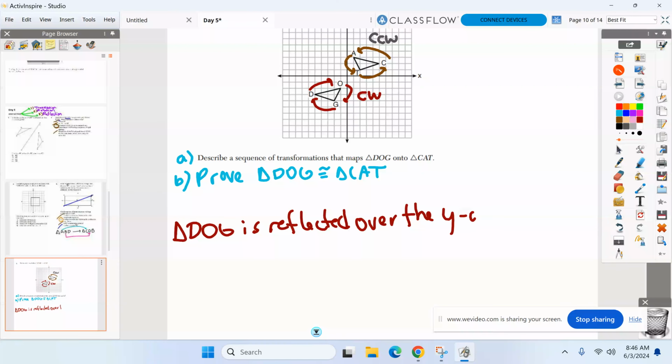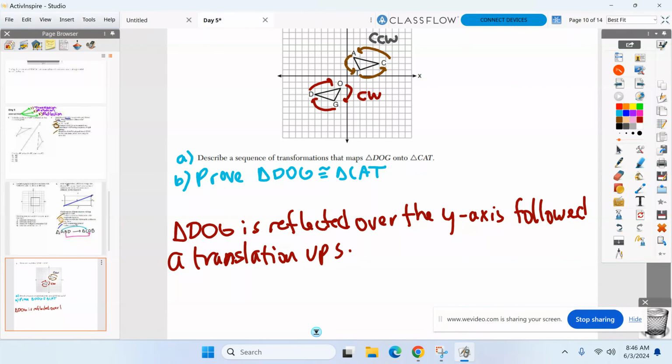Over the y-axis, followed by a translation up 5 units. So there's part A. That's how I can get dog onto cat.